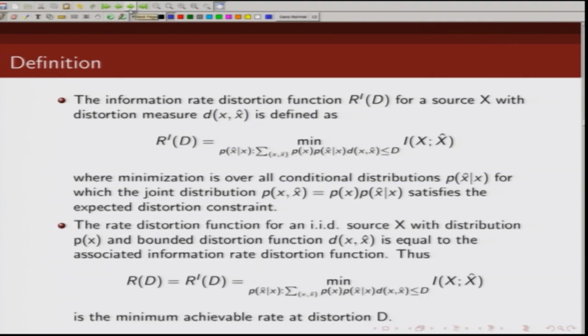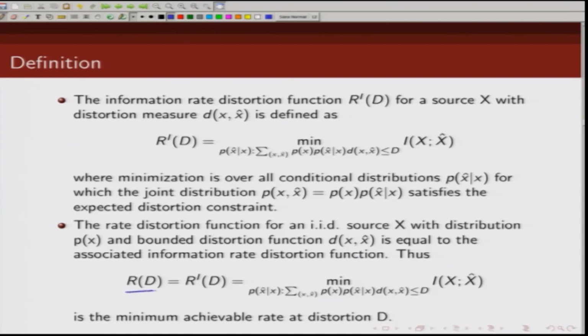Now this information rate distortion function is also our rate distortion function. So the rate distortion function for an IID source with distribution p of x and bounded distortion function given by d of x, x hat is equal to its associated information rate distortion function.